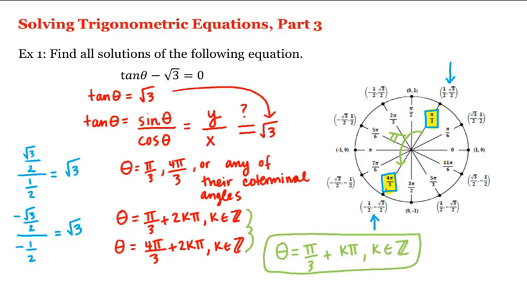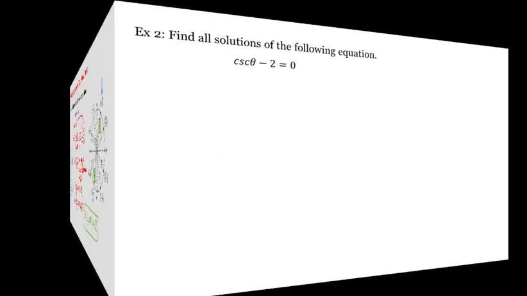All right, let's look at another example. Let's find all solutions to this equation. We'll begin by adding 2 to both sides, which gives us cosecant of theta is equal to 2. But remember that cosecant of theta is equal to 1 divided by sine of theta, which means that sine of theta is equal to 1 over cosecant of theta.